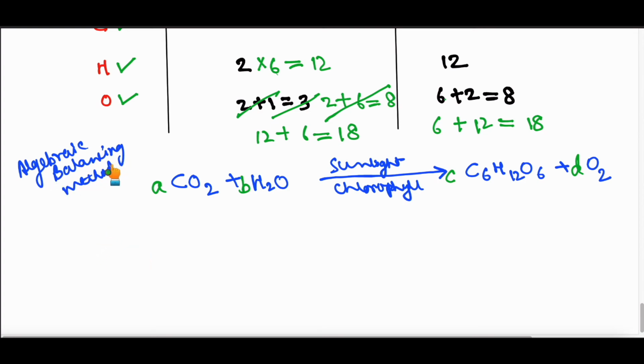For this algebraic balancing method, first we will write down the elements. The elements are carbon, hydrogen, and oxygen.